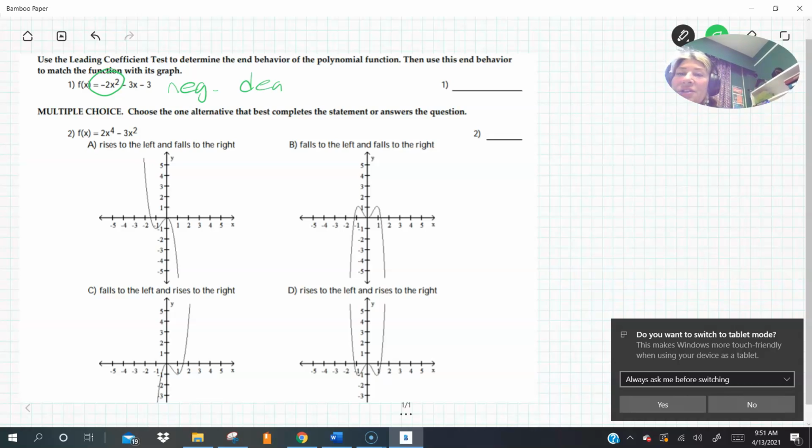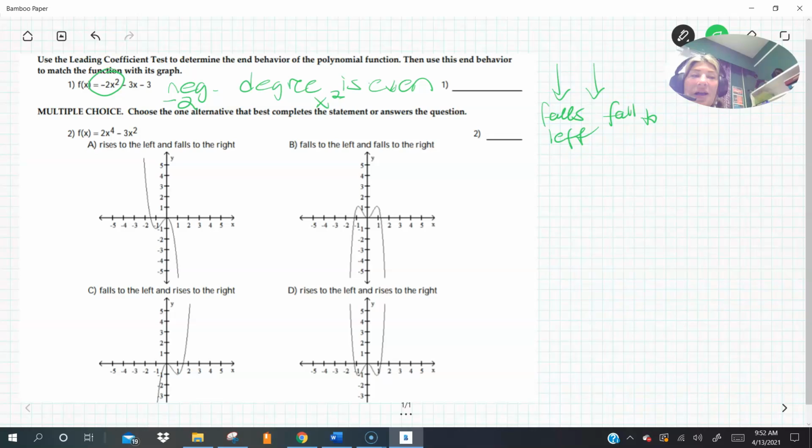The degree is 2. Negative because it's a negative 2 as a leading coefficient. Degree x squared, 2 is even. So the end behavior to match that negative even, both ends of your graph go down, and if you described it, you would say it falls to the left and it also falls to the right.